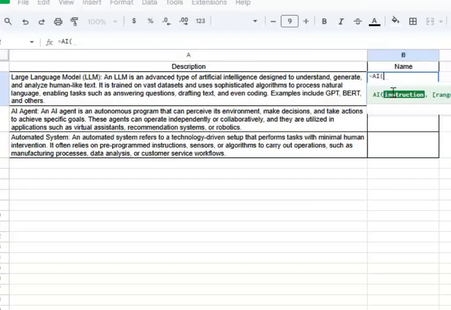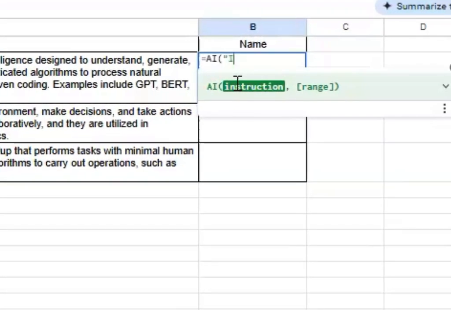And so, for example, I have some descriptions right here. I don't really have time right now to read them, or I may not know a lot about it. And so I could say equal AI, identify what this is describing.